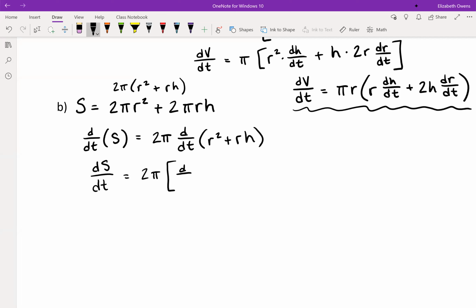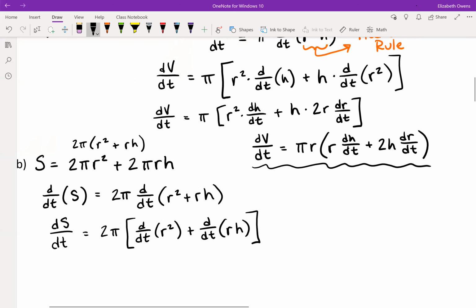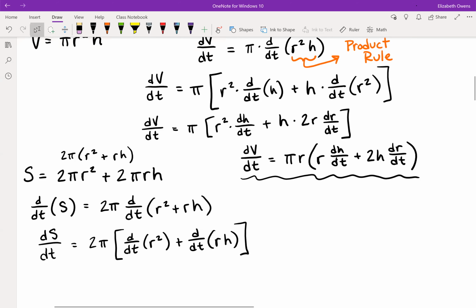We could do d dt of r squared and then d dt of rh. Have we done one of those before? We did do one of those before. We already did a derivative with respect to t of r squared. Did that right here and saw that it was 2r dr dt using a tiny little chain rule on that.